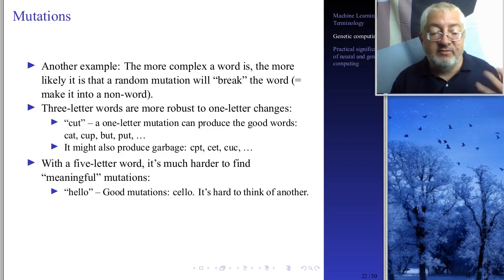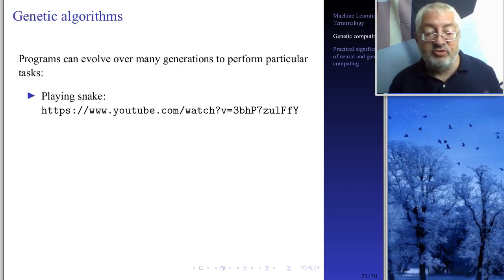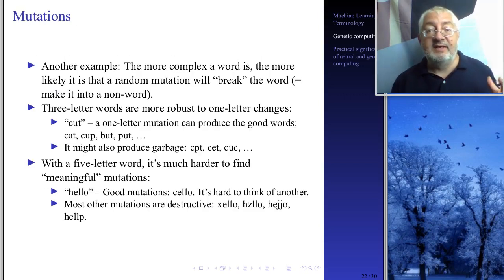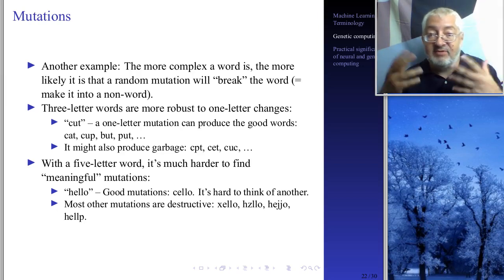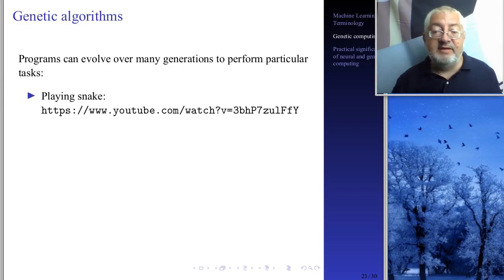But most of the words I can construct, tello and teto and so on, right, are not words. And so here, these are all destructive mutations, right? And if I have an even longer word, something like automobile, then clearly replacing a letter randomly in the word automobile is not going to give me a word, right?